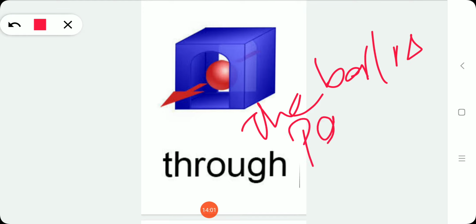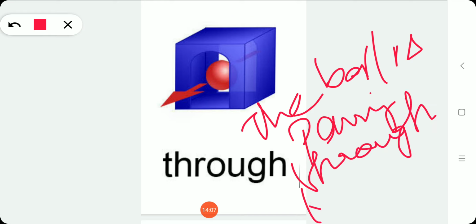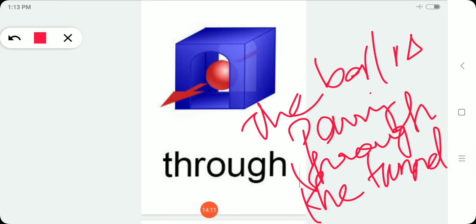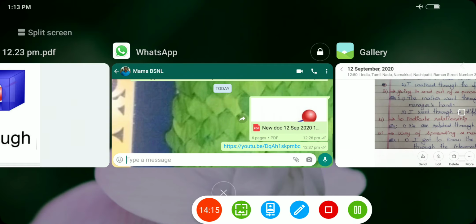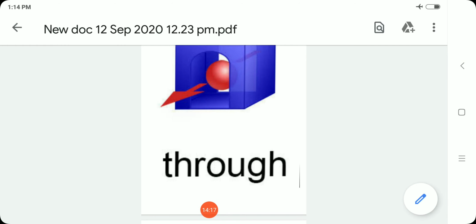The ball is passing through the tunnel. So it is also indicating a movement from one side to the other.